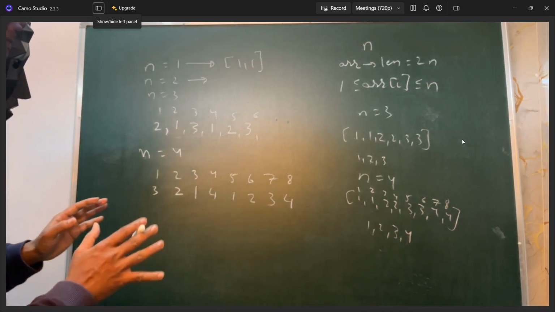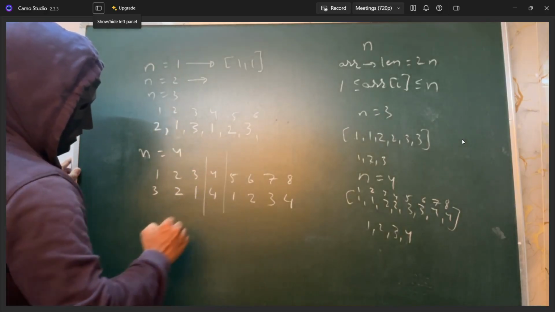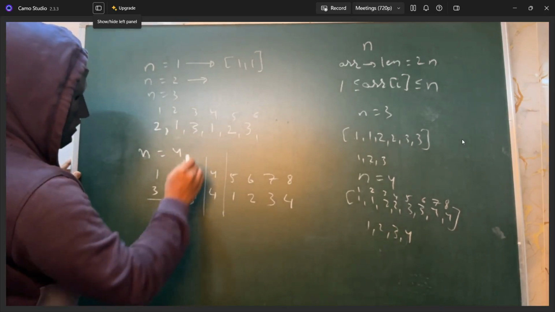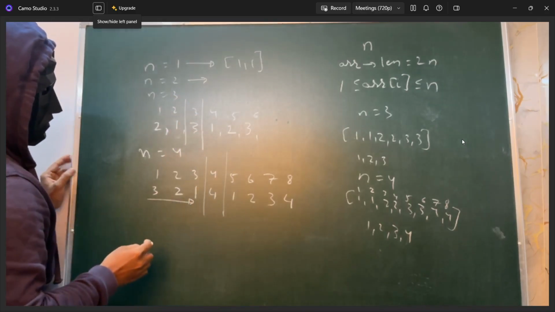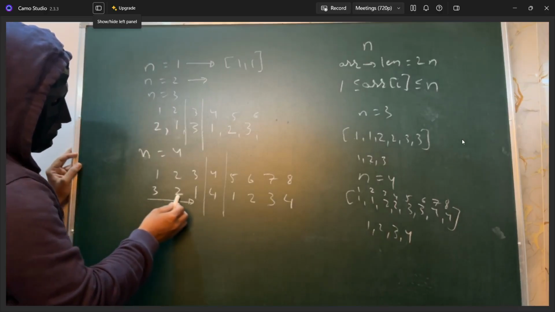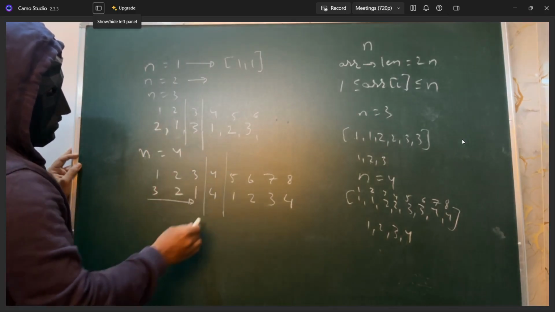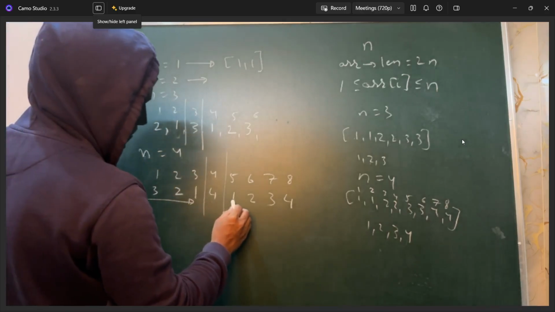So if you keenly observe, this is divided into 3 parts, right? The first part is the decreasing part. Here also, as you can see, when n is 4, you always start with n minus 1 and go up till 1. Here n is 3, start with n minus 1, go up till 1. Then you print n, and then you print from 1 to n.